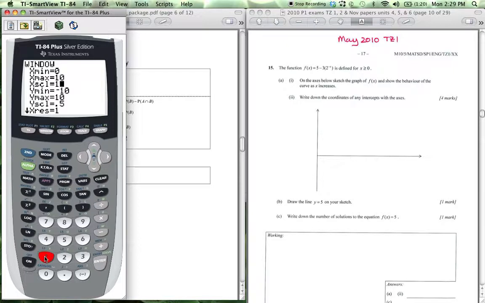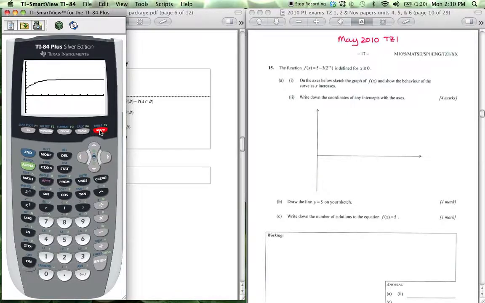For your y minimum, we can have minus 5, and let's go to 10, with the scale also 1. Okay, so here we can graph it.